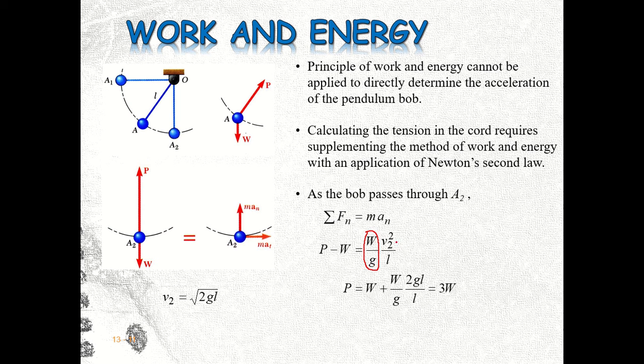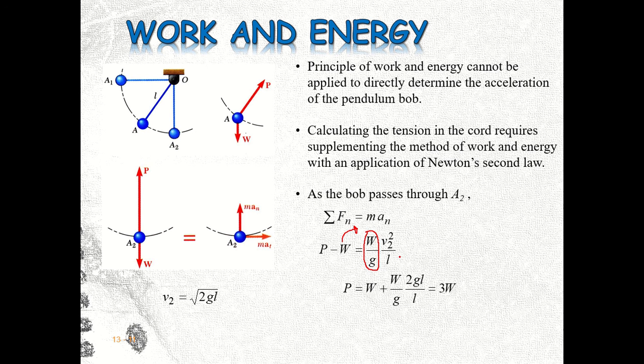And we have V2 squared over L. Then we transpose this to the other side. So this becomes P equals W. The negative W here becomes positive. Then we have W over G, this one.